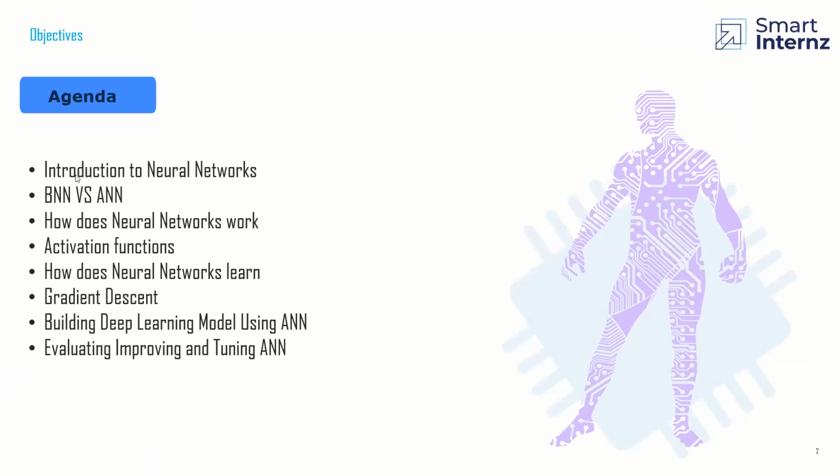Our agenda is, first, to understand the introduction to neural networks, what exactly a neural network is, what an artificial neural network is, and the difference between biological and artificial neural networks. After that we will understand how a neural network works and what types of activation functions we are going to apply on it.